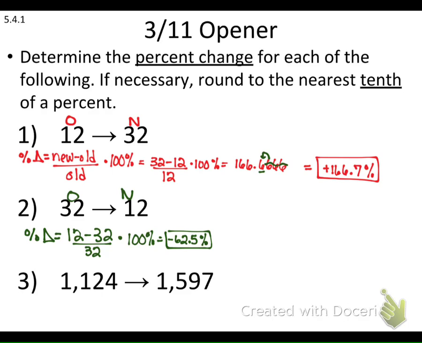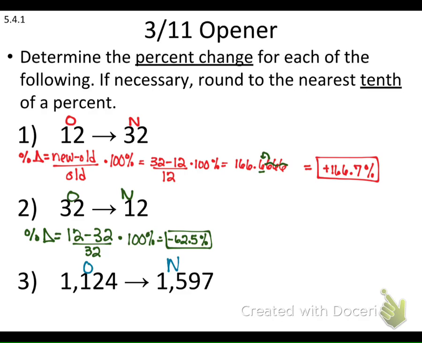Okay, my last one here. Before I even answer it, is my percent change going to be an increase or a decrease? Increase. Yeah. So Alex, what's my new number? 1,000. The first number or the second number? Yeah, that's my new number. And my old one is the 1,124.